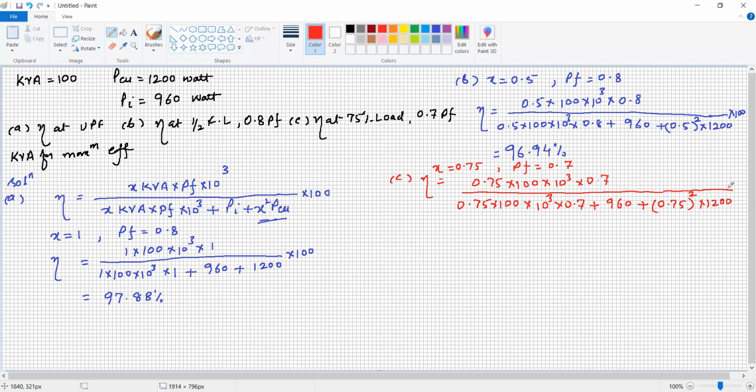So remember how to calculate the variable or copper loss, and the efficiency is equal to 96.98%.